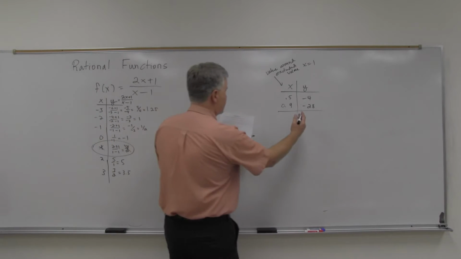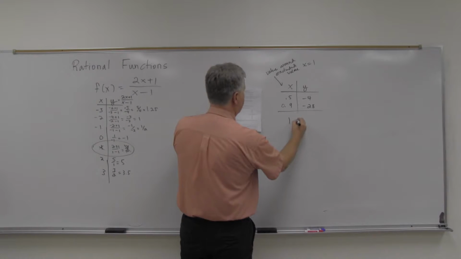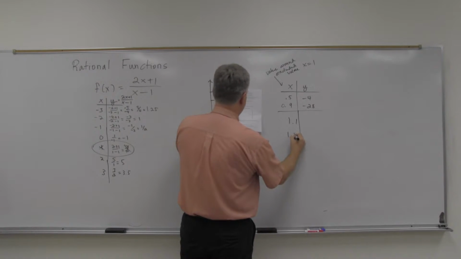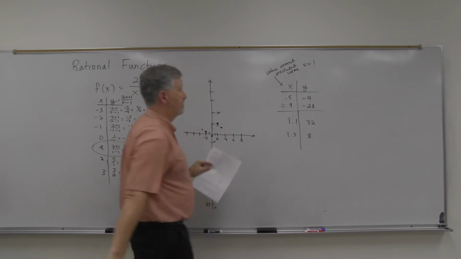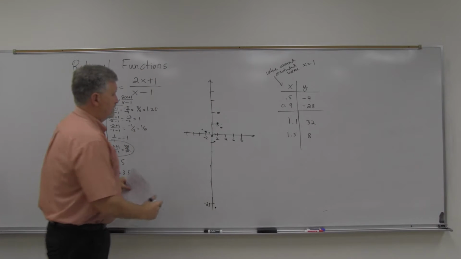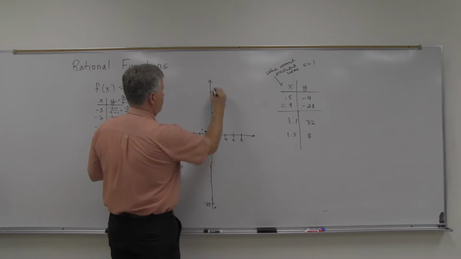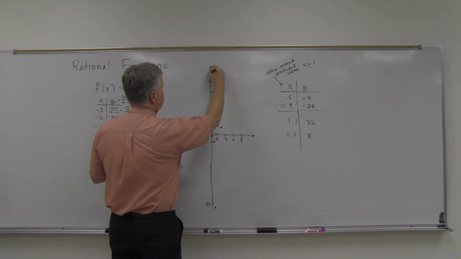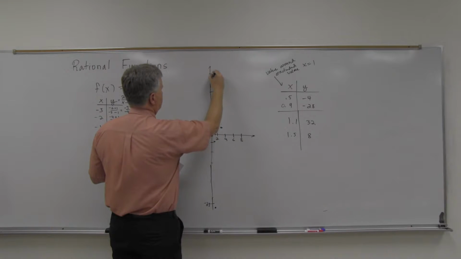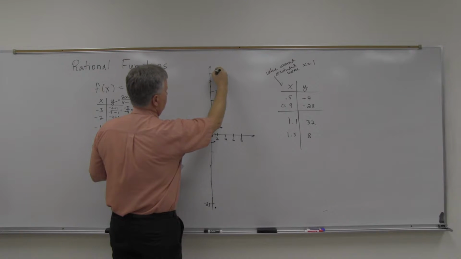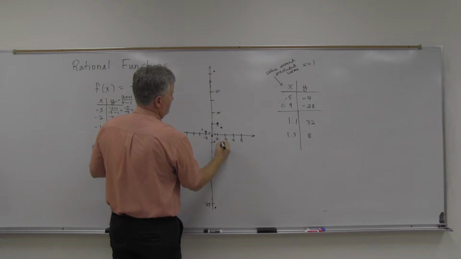Now if I look at the other side of 1, 1.1 and 1.5, I've got values there, positive 32 and positive 8. So at 1.1, it's way up here at 32. And then at 1.5, it's 8.